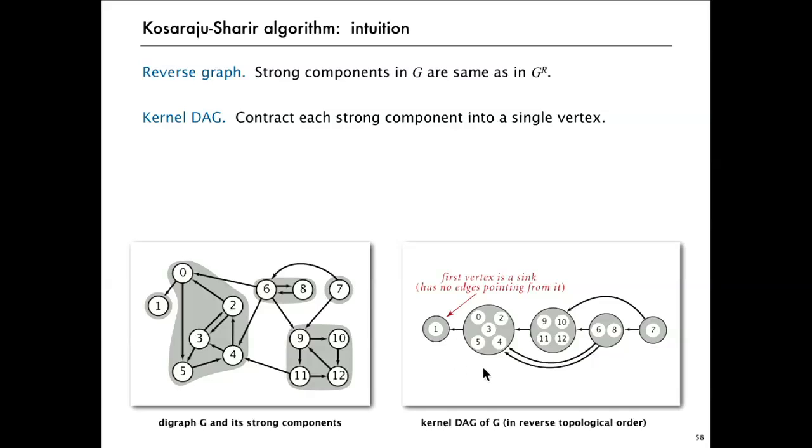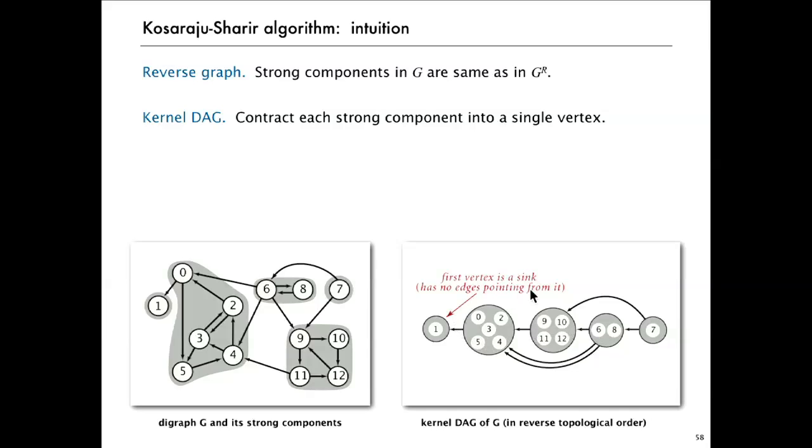The second concept is called the kernel DAG. You think about contracting each strong component into a single vertex, and then just worry about the edges that go from one strong component to another. The DiGraph that you get that way turns out to be acyclic.